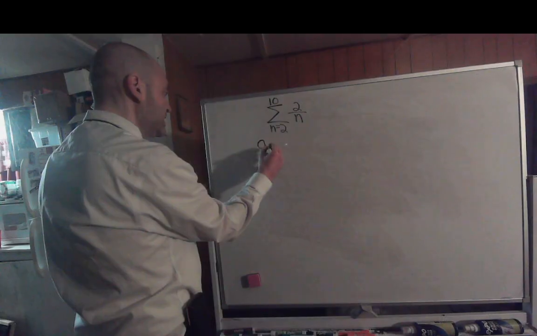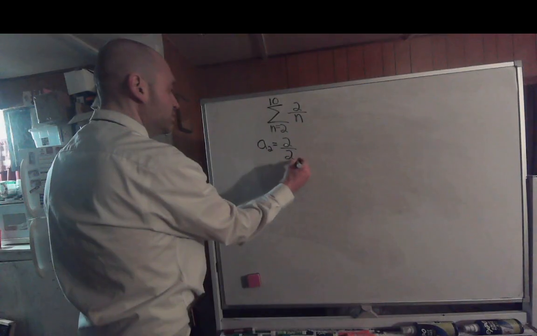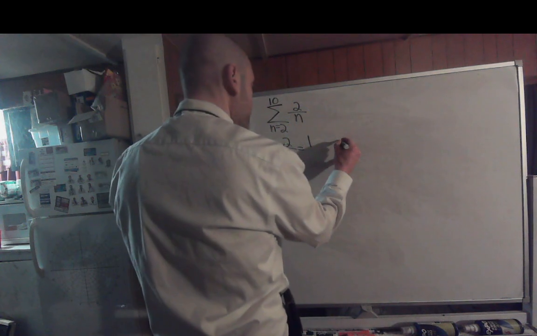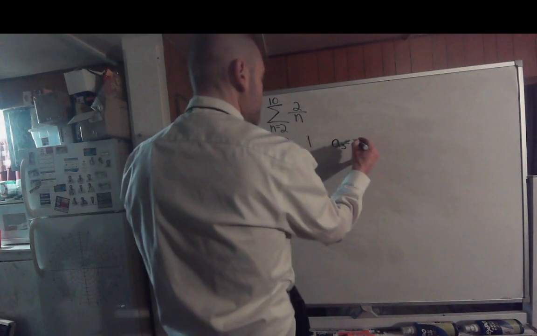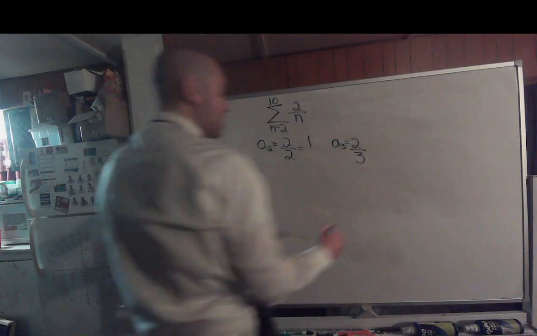So to find the second term, you would put in, of course, 2 divided by 2, which would give you 1. If we want to find the third term, that's going to end up being 2 divided by 3. Not much we can do there.